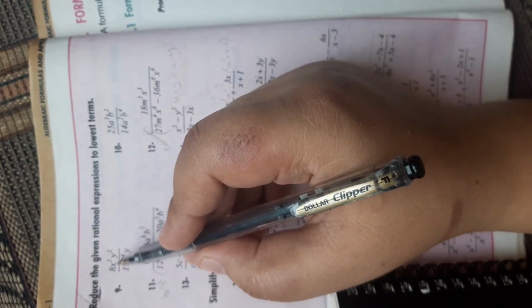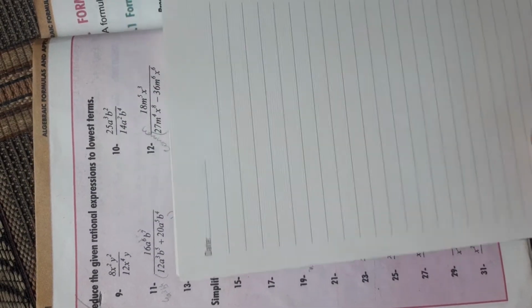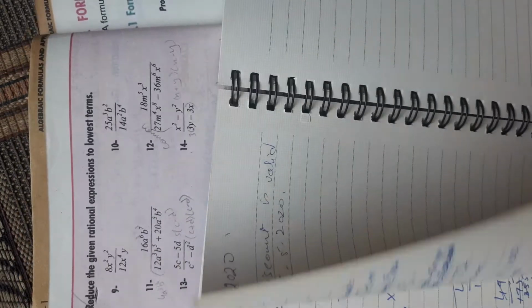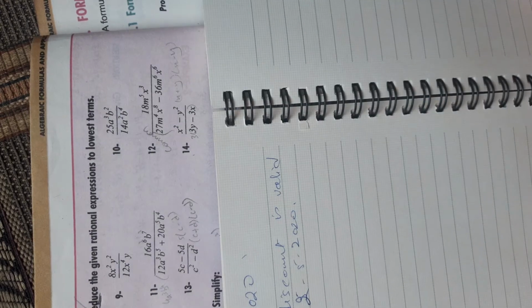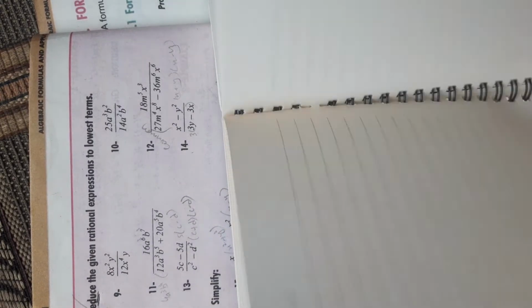These are the rational expressions and we have to reduce them, or you can say simplify them as much as we can. So we will start here. First, question number 9.